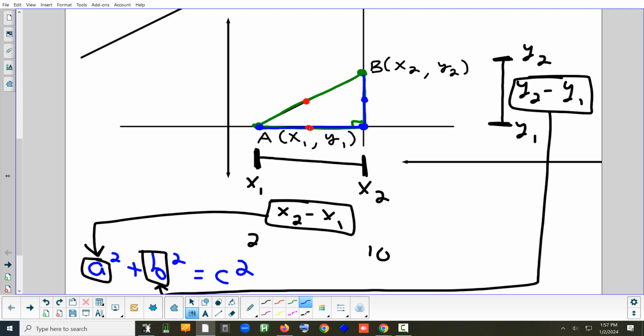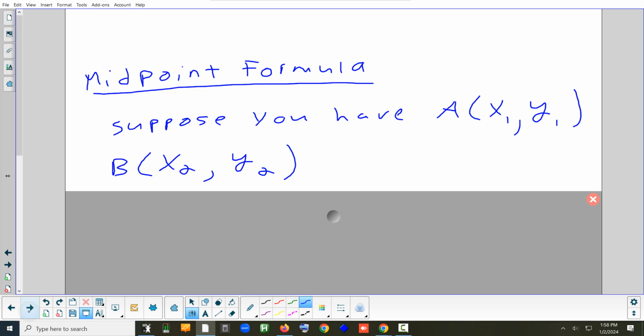Then if you take that number for the x and that number for the y and write them as a coordinate, it'll give you exactly where that point is. Because you got the middle here, and you got the middle right there. And that's all that the midpoint formula is. It's an average.